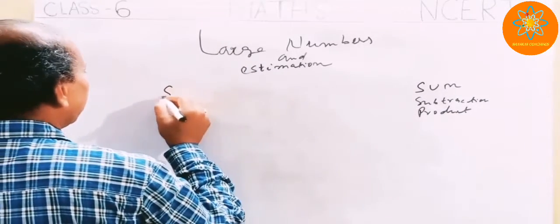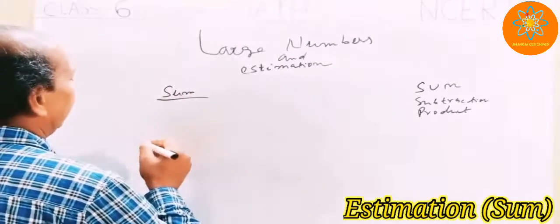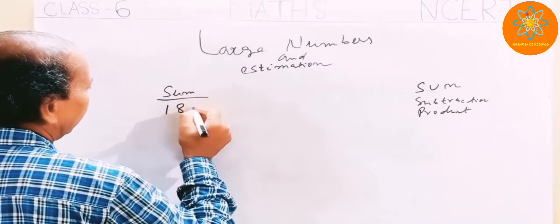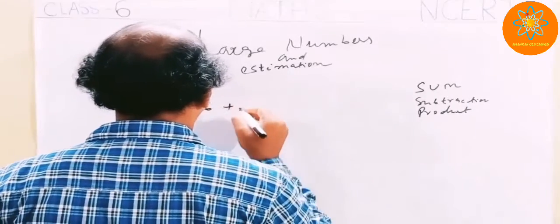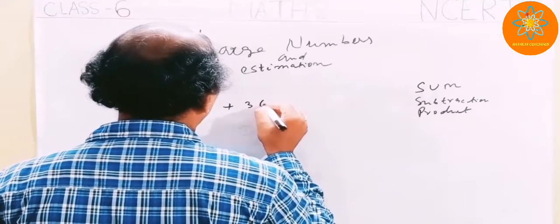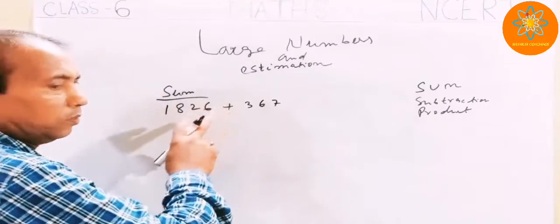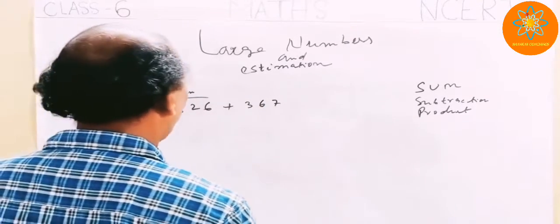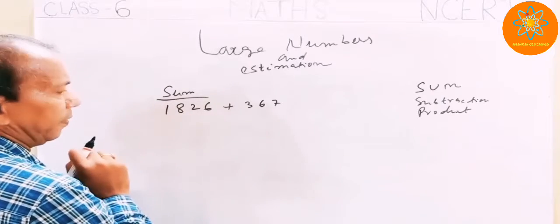For example, I am considering the case of the sum. Let's suppose two numbers are given, like 1826, and I want to add 367. So I can use the estimation process in this sum. Suppose I am considering the estimation up to 100.